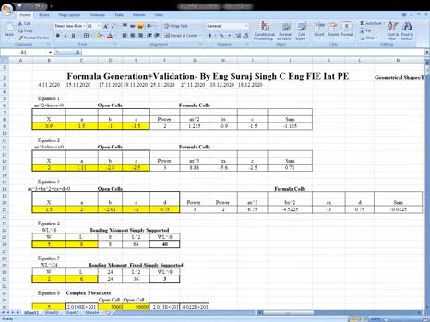Moreover, this formula is very useful in engineering or whatever business you are in, where quantities are required, where parameters are required. I can use them directly.